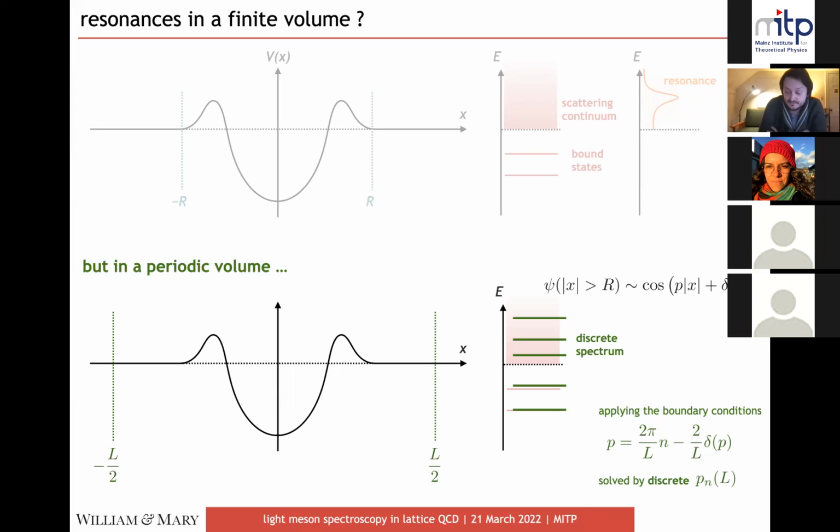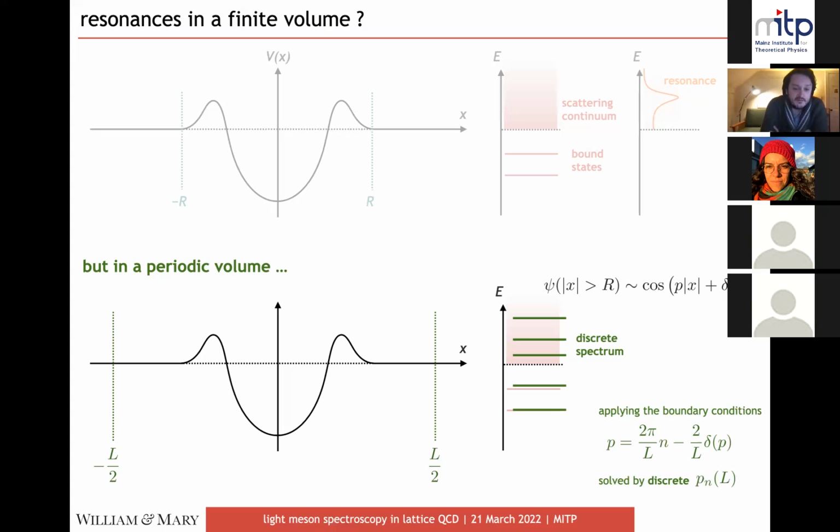So you have this simple equation in the bottom right-hand corner relating the discrete energy levels to the phase shift. And the point of the lattice QCD approach is to run this backwards, to compute the discrete spectrum out of correlation functions and use that information to infer what the scattering amplitude is.